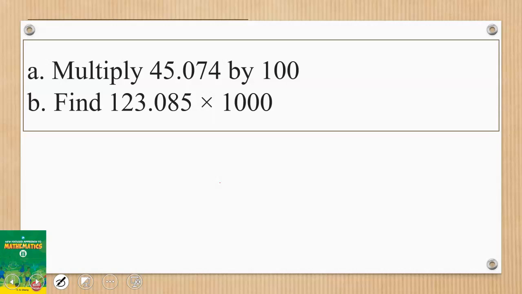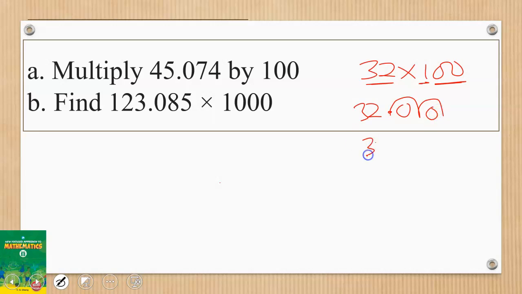What we do again is, like we did earlier on, if the number happened to be, let's say, 32, and we say times 100, we just multiply 32 by 1 and then attach zeros. What it means also is that 32 can be written as 32.0. And so you move the decimal point 1, 2, so that you have 0 here. So the answer becomes 3200, the same thing as we did.